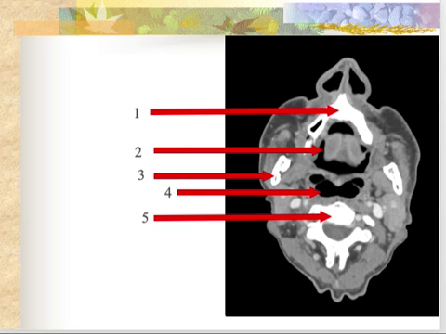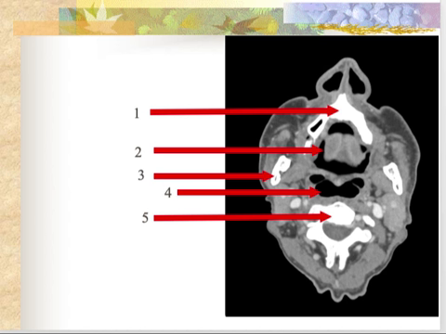If we go on and look at another section here, we can see some other interesting structures here. Just to orientate again, number 3 is the vertical ramus of the mandible, and number 4 is that pharynx that I talked about. You are looking at quite high up.